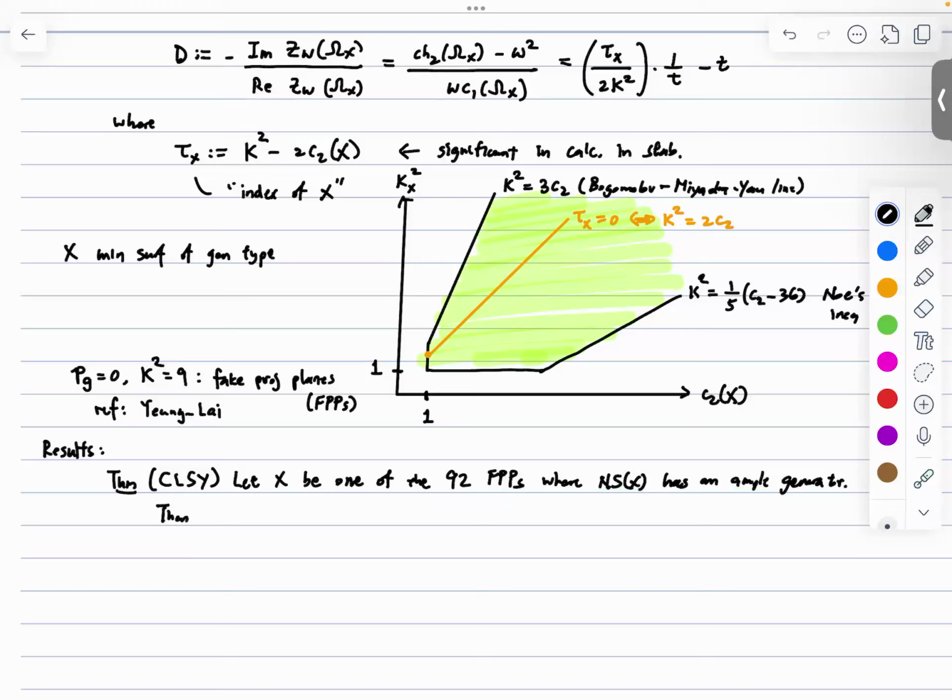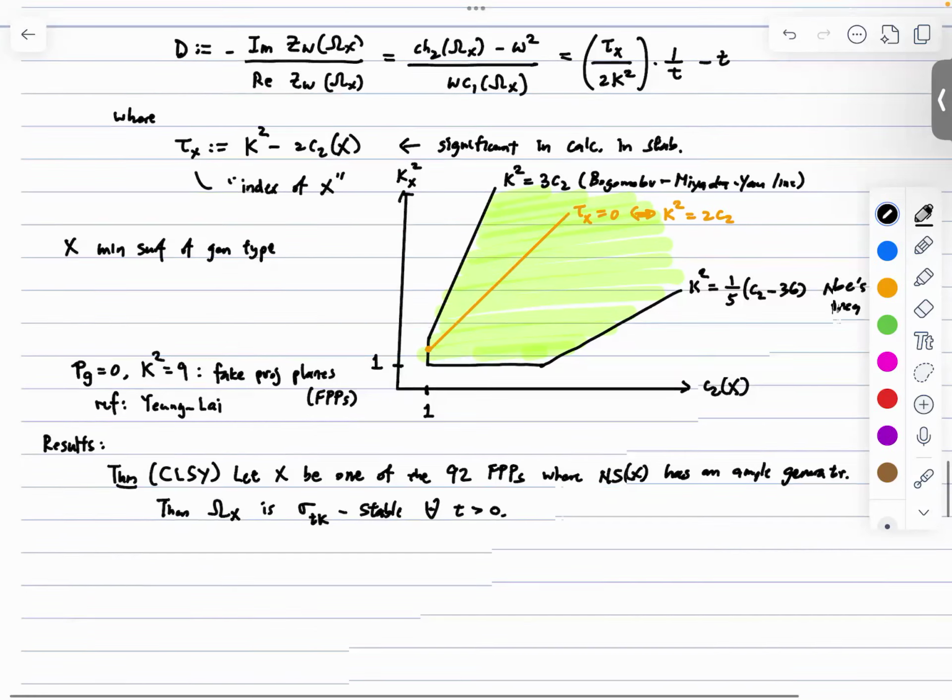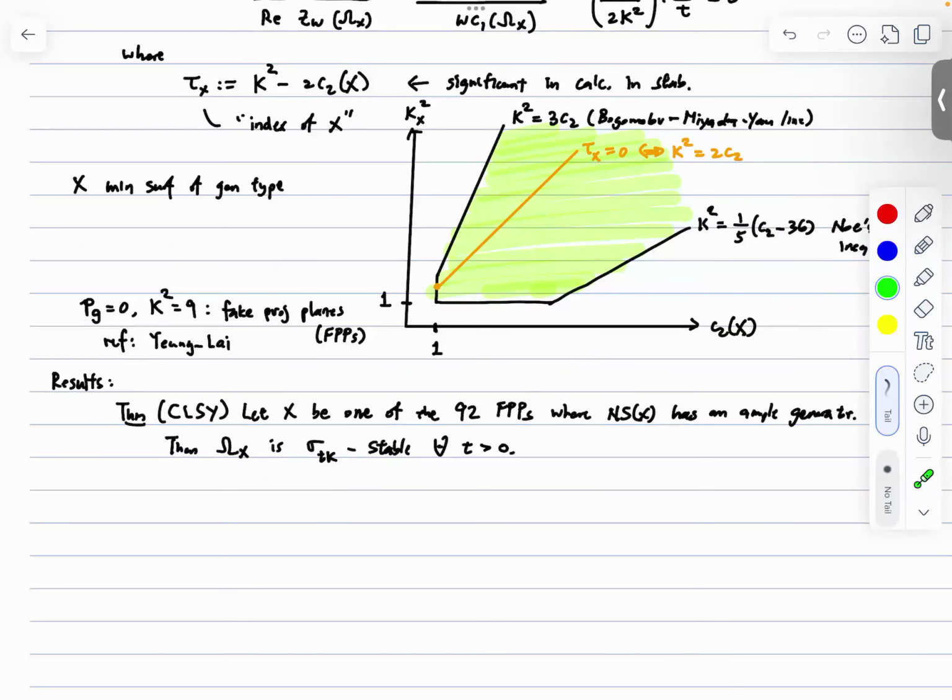Then we can show the cotangent bundle is Bridgeland stable when the parameter T is any positive number. So if your ample class is any positive multiple of the canonical class, and you take the divisor B to be 0, we know the cotangent bundle is Bridgeland stable.